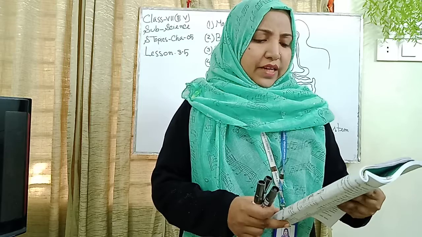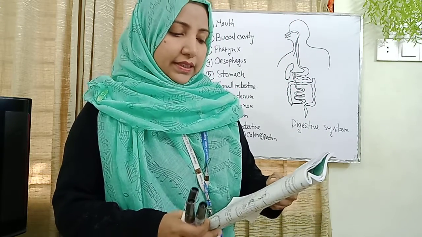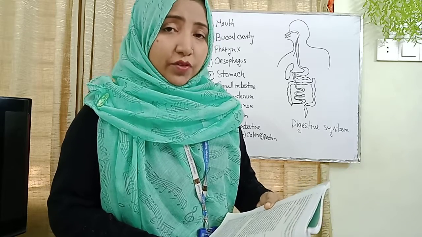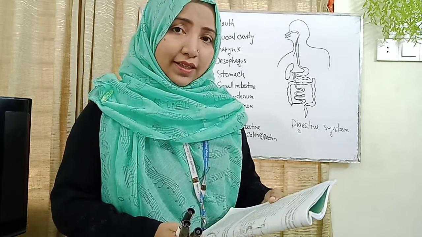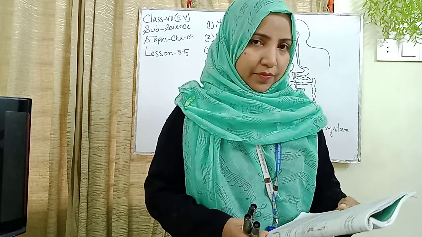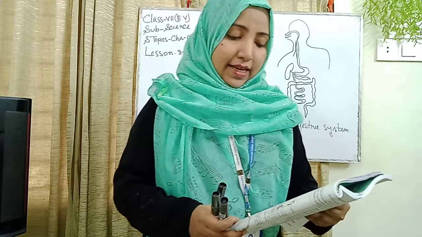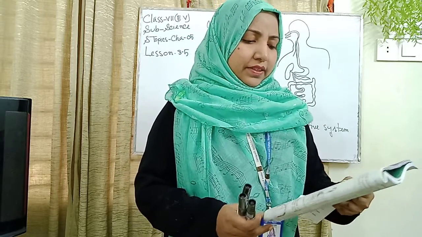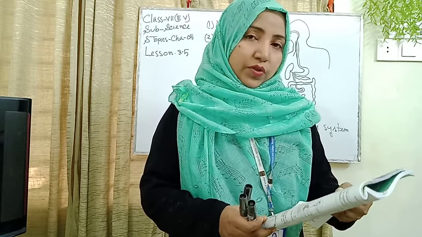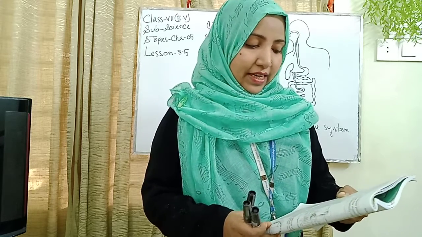For the complete digestive process, a number of organs form the digestive system along with a few glands. Here also the endocrine gland and the excretory gland secrete digestive juice and enzymes. Everyone mark it: one is the juice and another is the enzymes. The digestive system is constituted with mouth, buccal cavity, esophagus, stomach, small intestine, and large intestine.